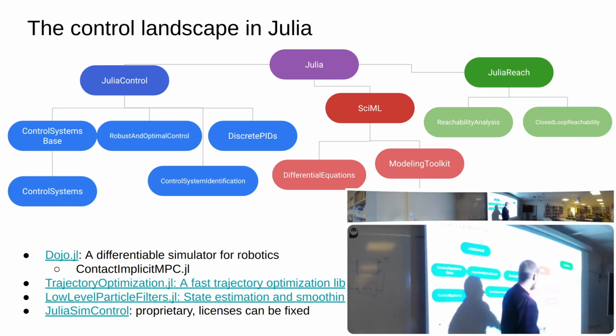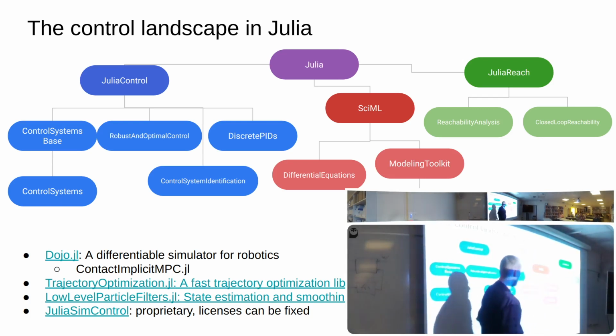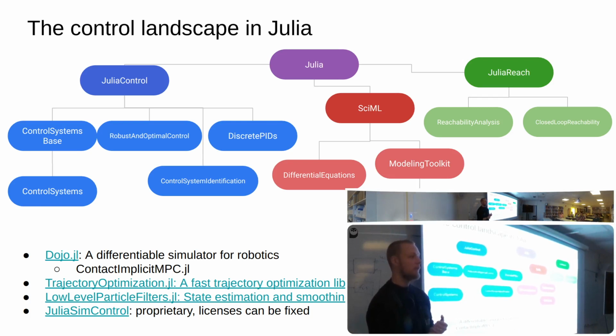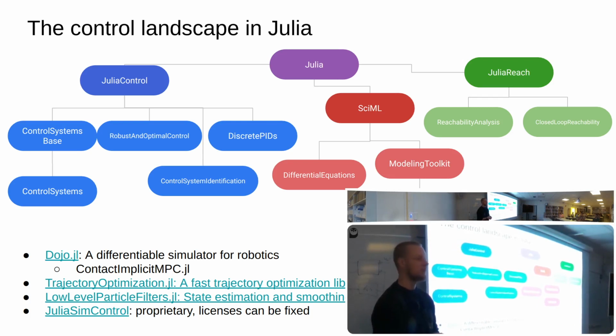And the ModelingToolkit underneath it has a ModelingToolkit Standard Library. This is just an abbreviation. That includes components for component-based modeling. So if you want to model an electrical circuit, this library has resistors and capacitors and inductors and stuff like that.